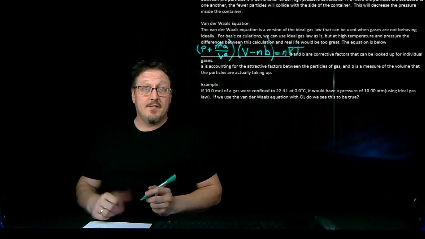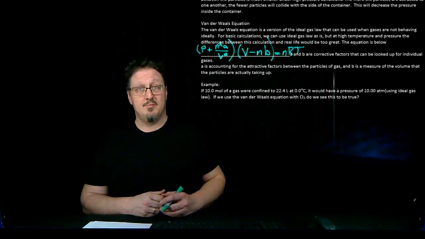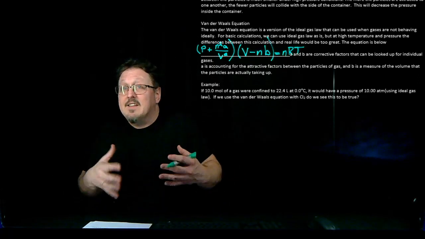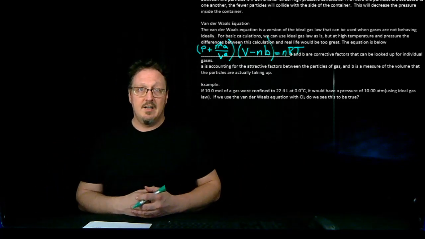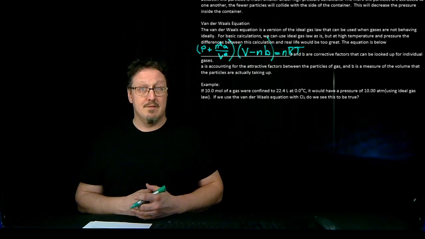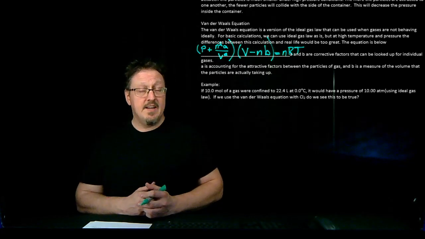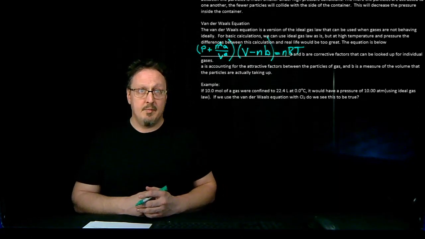Okay, so this is a much more complicated equation, but because it's more complicated, it gives us better information and more reasonable numbers instead of just a rough approximation. Again, B is a measure of the volume that the particles actually take up, and A is the measurement of the attractive forces between particles.